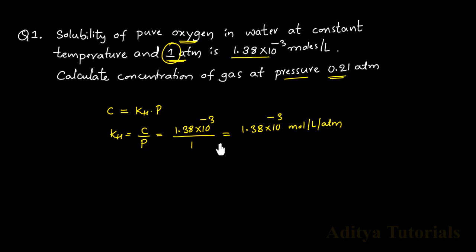Okay. Now, once we get the Kh value, we can find the concentration of the gas at the pressure 0.21 atm.